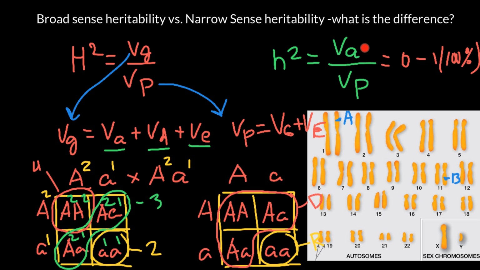And sometimes we even can get 100%. An example would be, once again, the ABO blood group system where environment doesn't have any effect. So phenotypic variance would equal genetic variance, because environment doesn't affect the ABO blood group system. Only genetic composition would affect whether you would have blood group A, B, AB, or blood group O.